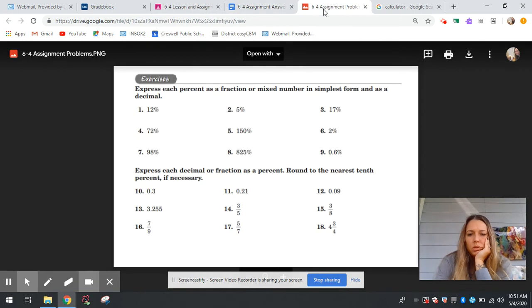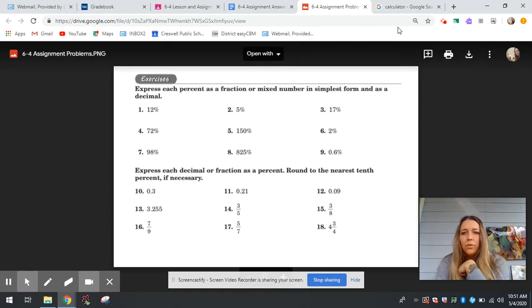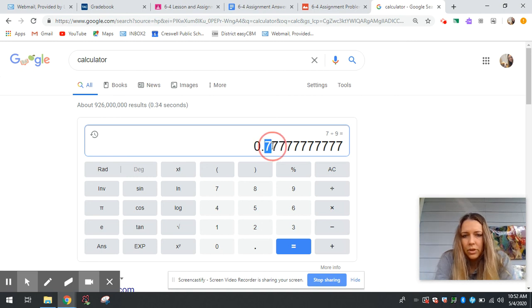Let's do another one that looks a little different. If you have a fraction, turn it into a decimal, then you have your percentage. So let's do 16. 7 over 9. Put it in a calculator. 7 divided by 9 equals 0.777777777. We don't want to keep all of this since percents are out of 100.